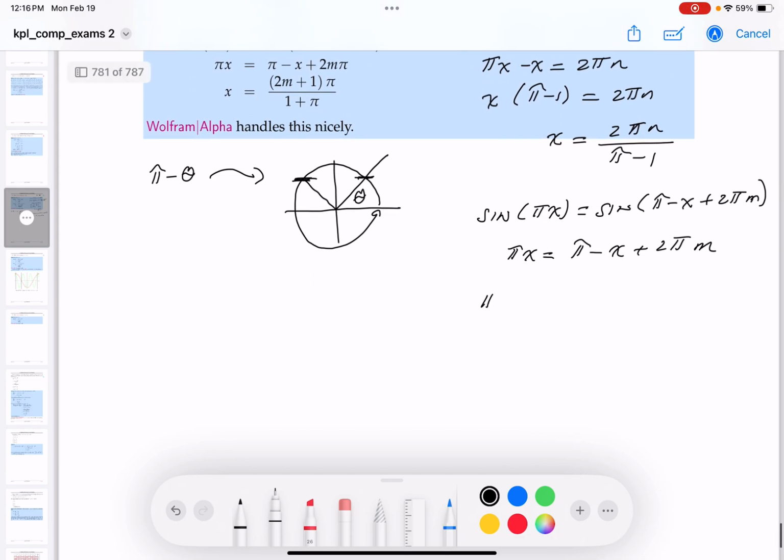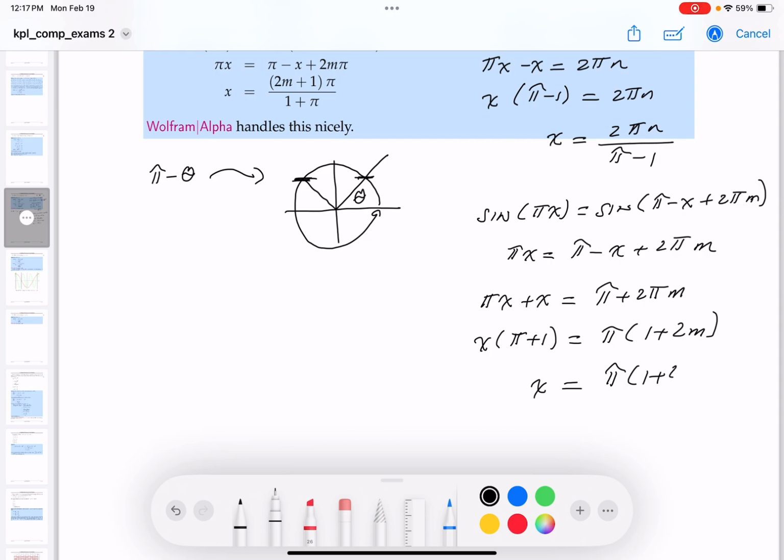Put x on one side, so you get pi x plus x equals pi plus 2 pi m. I'm going to factor out an x, you get x times pi plus 1. I'm going to factor out a pi, and you get 1 plus 2m. What's x going to be equal to? x equals pi times 1 plus 2m over pi plus 1.